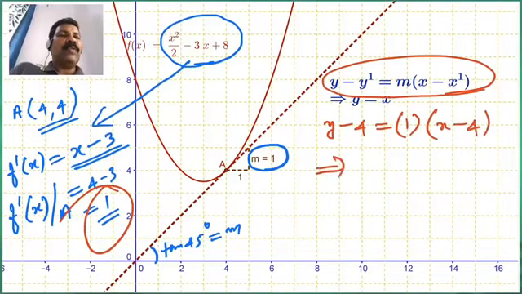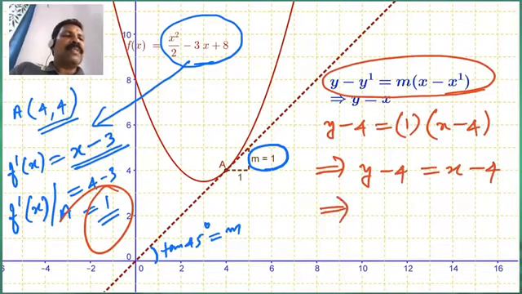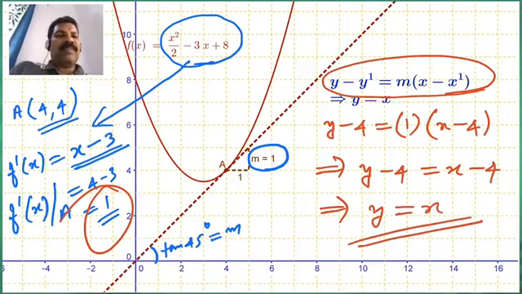So which gives you y minus 4 is equal to x minus 4, which could be simplified to get y is equal to x. So this way we can compute the equation of the tangent.